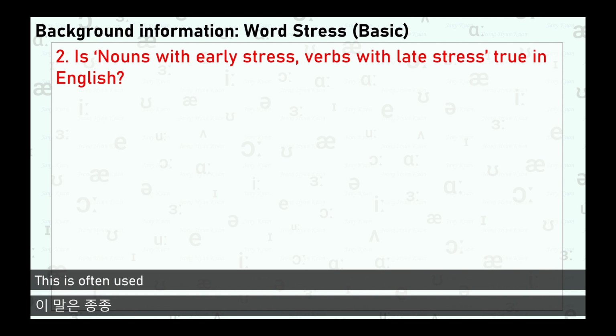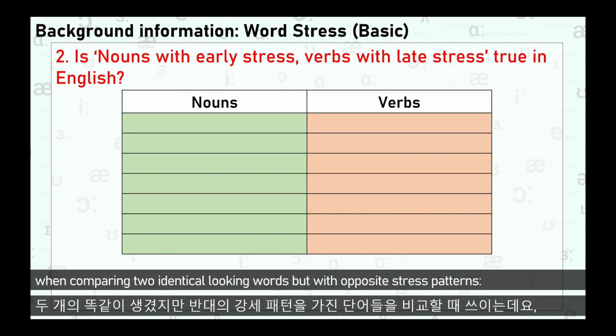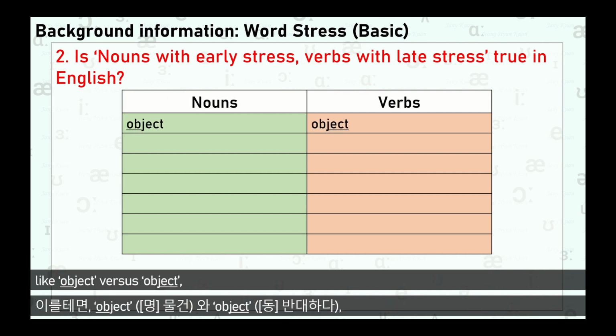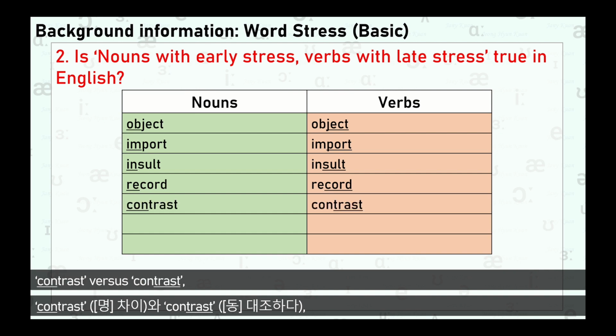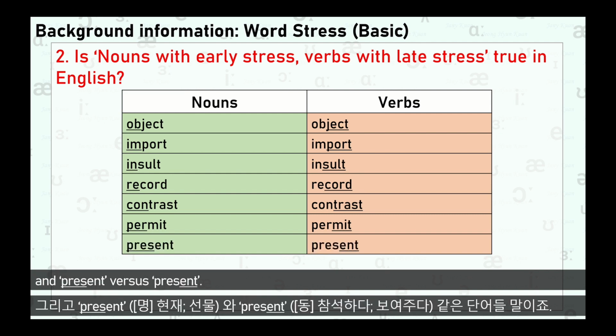This is often used when comparing two identical-looking words but with opposite stress patterns, like "object" versus "object," "import" versus "import," "insult" versus "insult," "record" versus "record," "contrast" versus "contrast," "permit" versus "permit," and "present" versus "present."